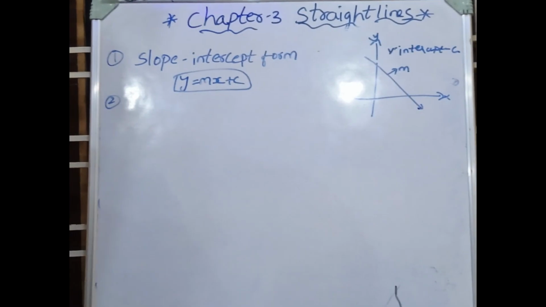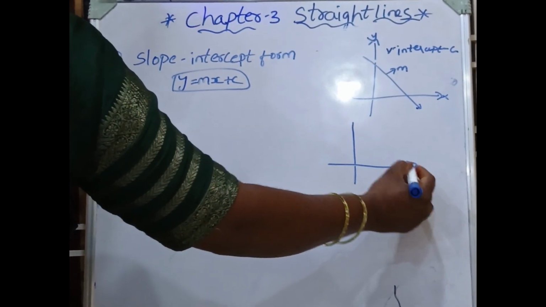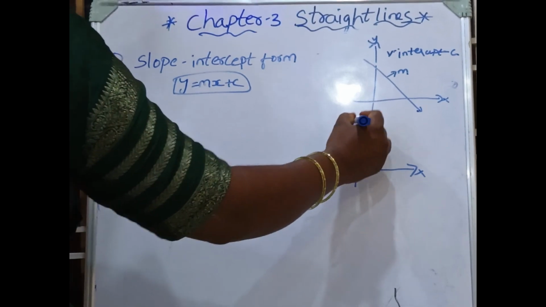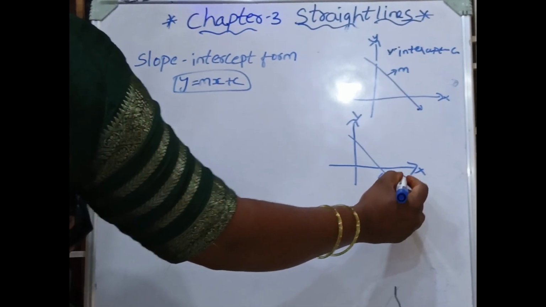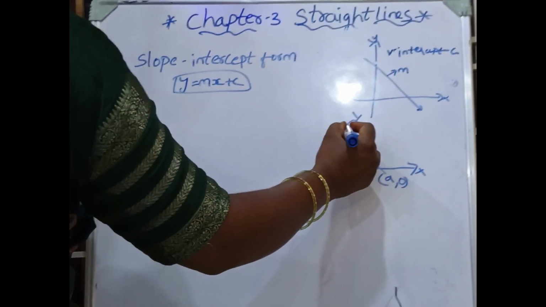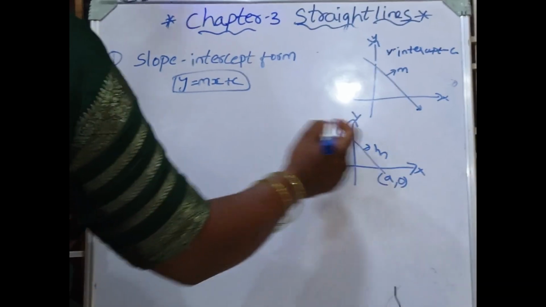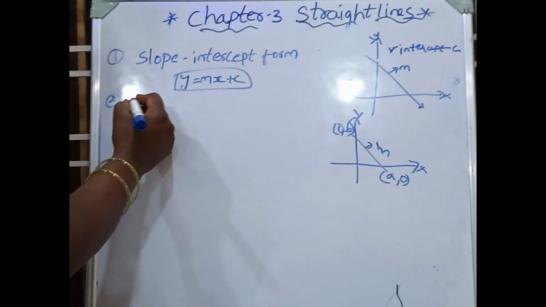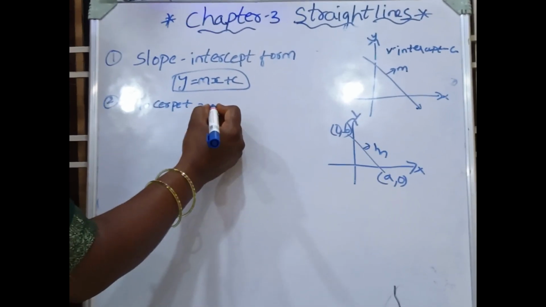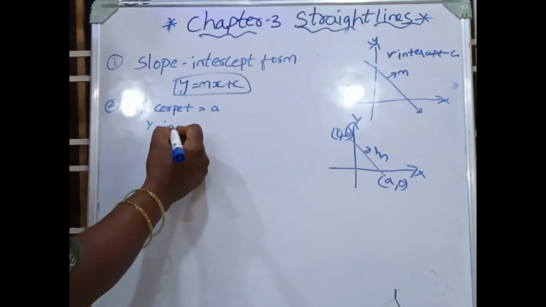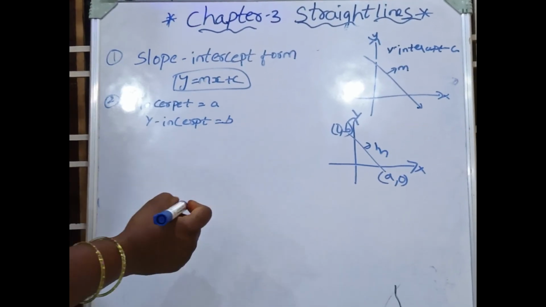Second one, the intercept form. This is the x-axis and this is the y-axis, and there is a line. Consider the x-intercept a and the y-intercept b.